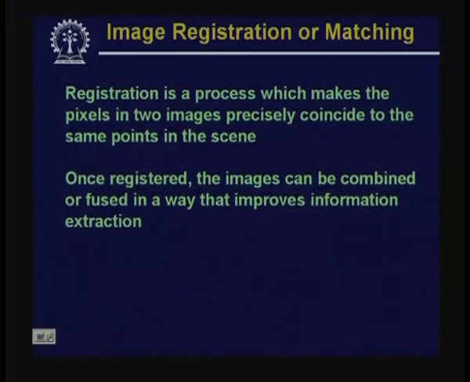The images can be combined in a way that improves the information extraction process, because the fused image has a combination of the information from different images or different bands of frequencies, so it will have more information.